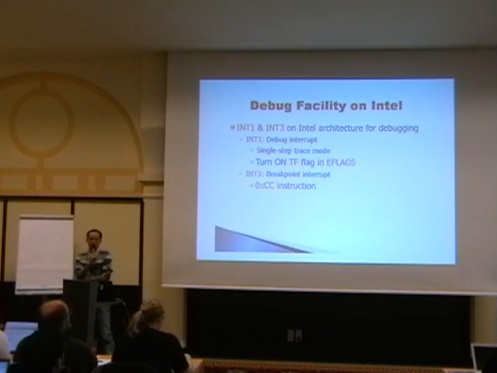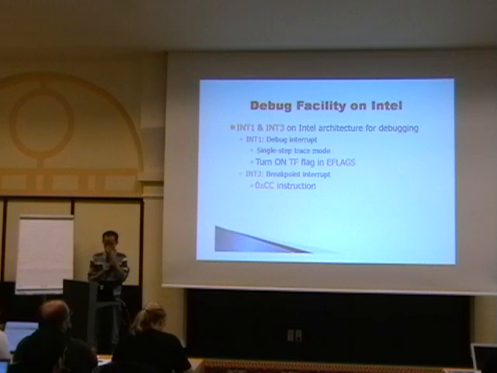Something about debugging on Intel. I think this one is familiar to everybody here. On Intel, they provide some facilities for debugging. The first one is single stepping your program with your debugging tool.